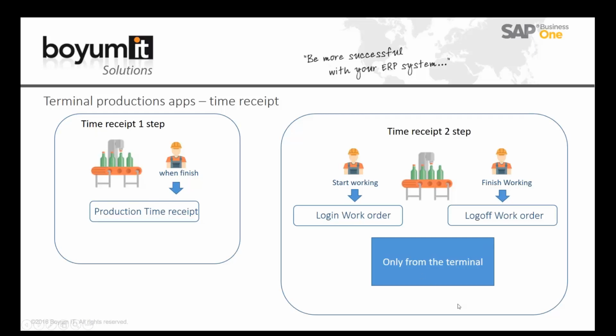So doing it in 2 steps is only possible because we have a terminal license. The production time receipt in 1 step could be directly from the system, but it also could be from the terminal. In case of 2 steps, it's only possible using the terminal.